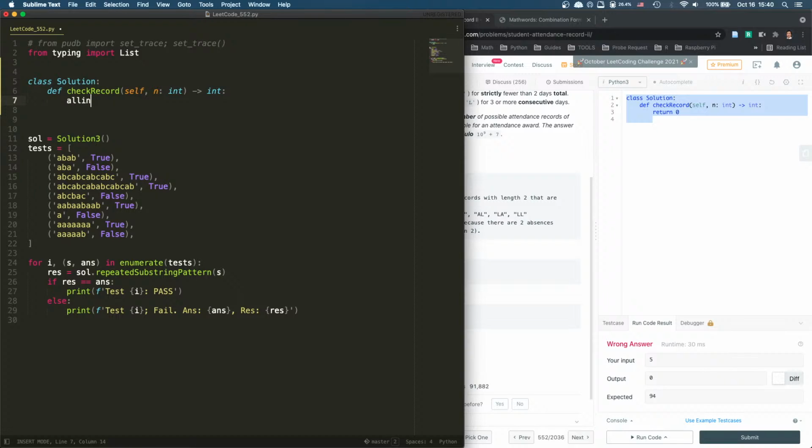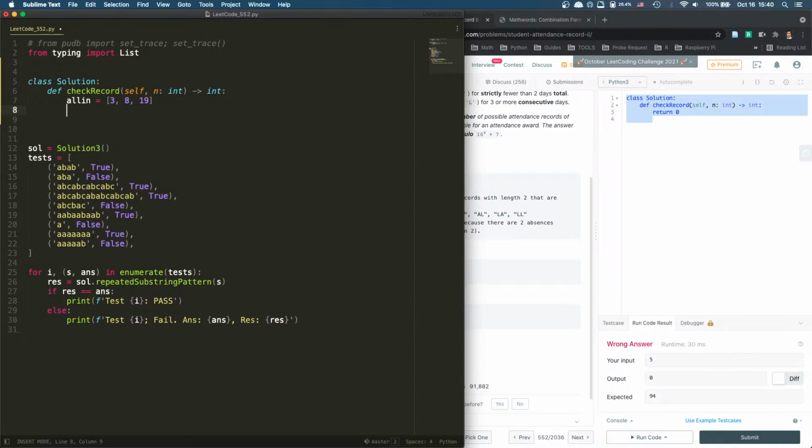So all in equals 3, 8, and 19, right? And then no A but L. No A equals 2, 4, and 13, right? So we need these three.